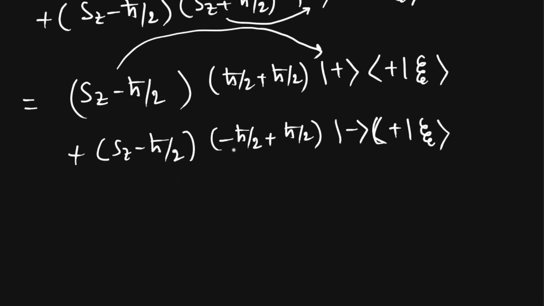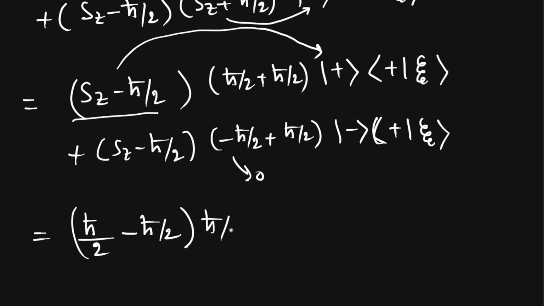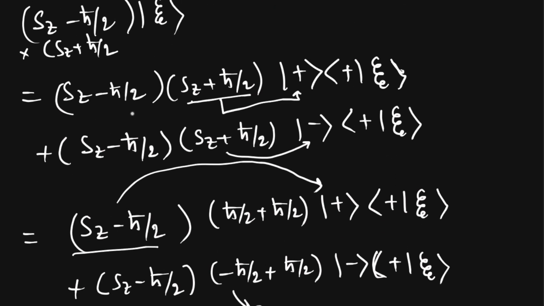That means it will give 0, and when this operator operates on plus, it will give plus h cut by 2. Then this first term will also become 0, plus minus h cut by 2 into h cut by 2 on plus xi, and this already becomes 0 and here it becomes 0. That means this operator is a null operator.